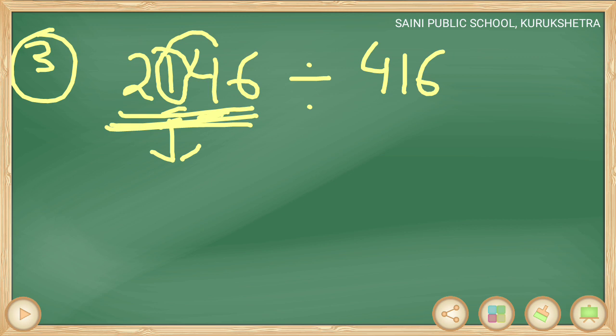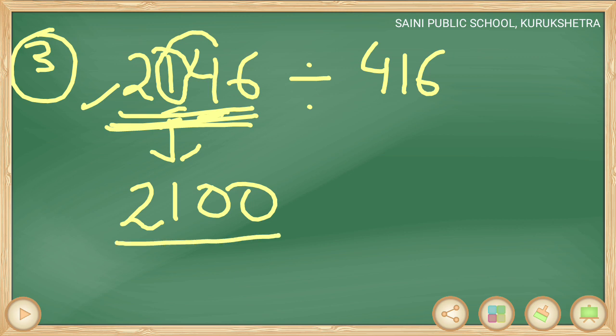So we will not add 1 to this and it will remain 1. And all the digits on the right side will become 0 according to the rule, and all the digits on the left side will remain the same. 2 will remain 2. Okay, so when we round off 2146, it will become 2100.